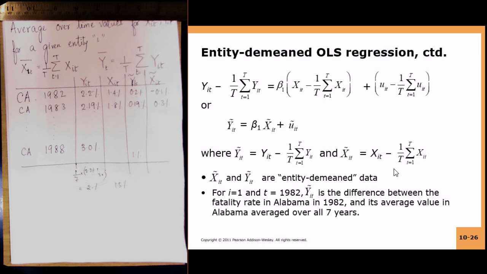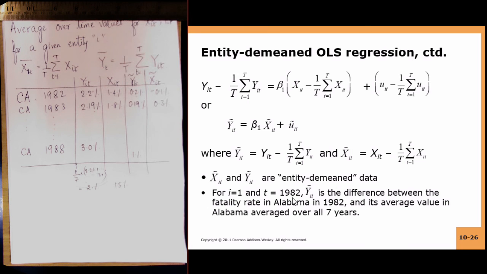So these are just new variables that you have created. Just like you did in the changes specification, you created a new dependent variable and a new independent variable. Here also you are creating new variables. These x tilde it and y tilde it are called entity demeaned data. You are taking away the mean for that particular entity.